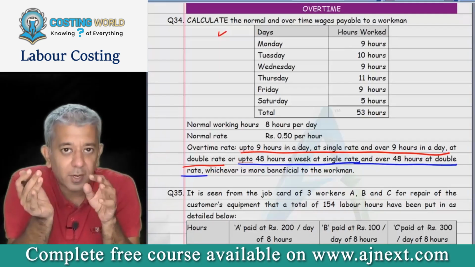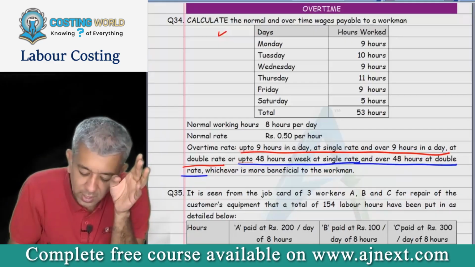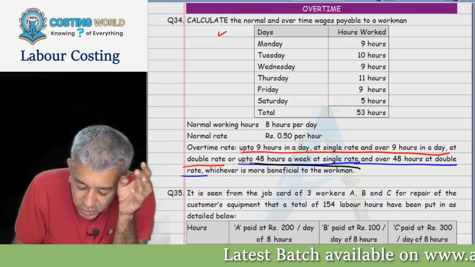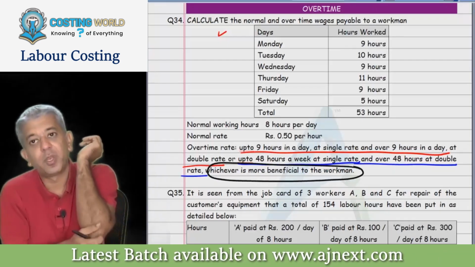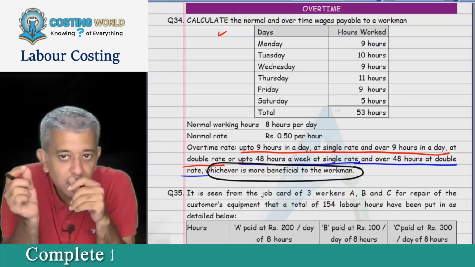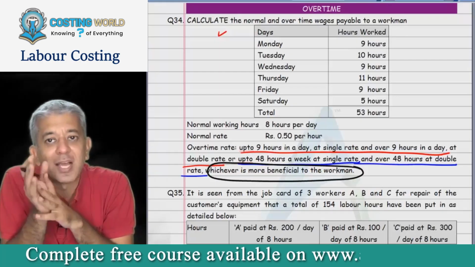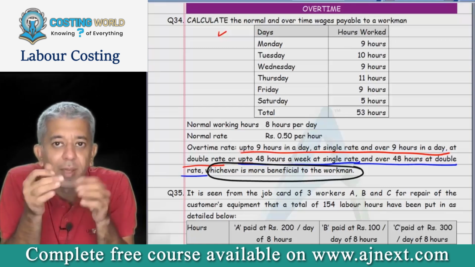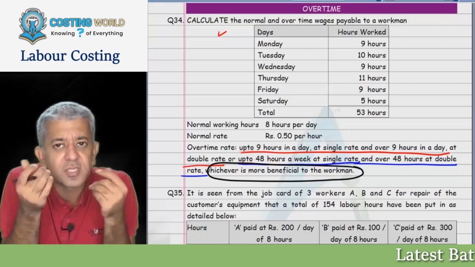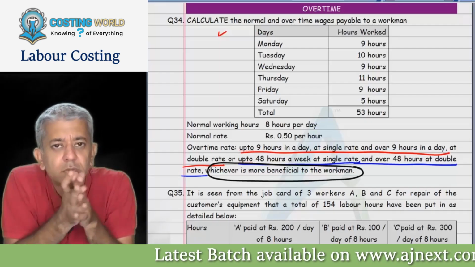So either the red option or the blue option, whichever is more beneficial to the workman. You compute his wages as per the red line, and as per the blue line. Whatever is more beneficial to the workman, wherever his wages are higher, he can go for that option, no?